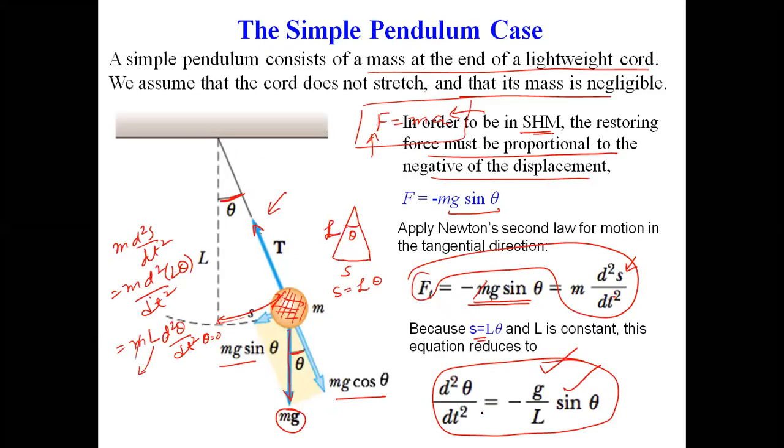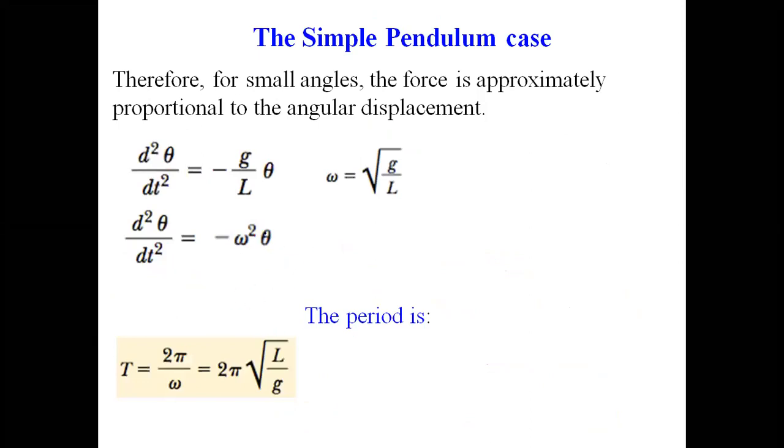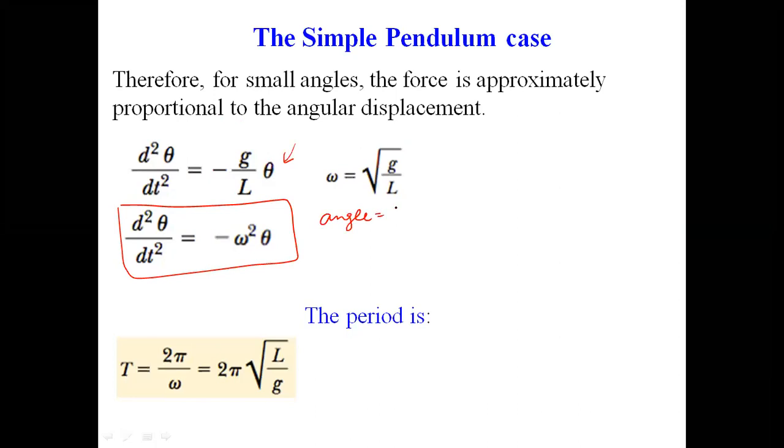ठीक है जी. Further, if the angle is small, we can easily write sin theta approximately equal to theta. ठीक है जी, तो वही हमने यहाँ पे लिख दिया है. So d square theta by dt square is equal to minus g by L theta. ठीक है जी, and if we substitute omega is equal to square root of g by L, we'll get the same equation as that of mechanical simple harmonic motion, but the difference is that here the variable is angle. ठीक है जी, so x की जगह आपके पास theta है.